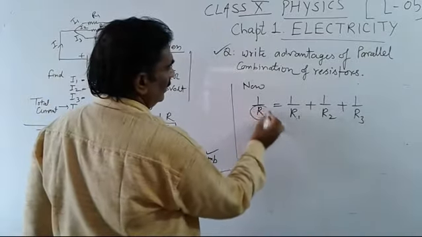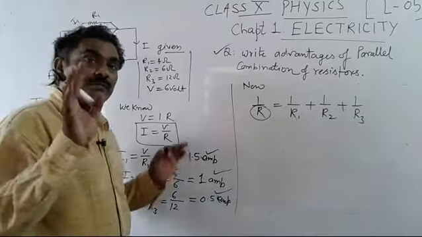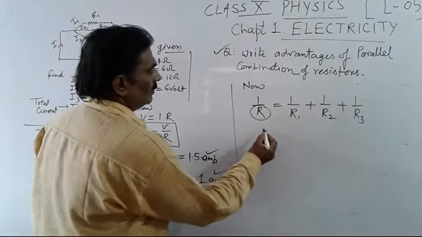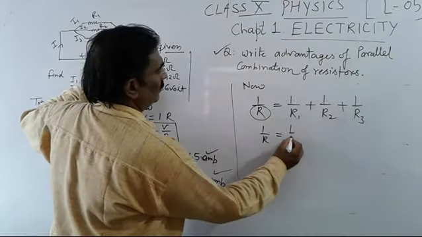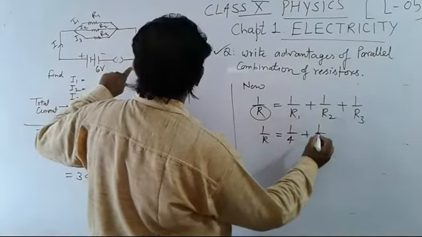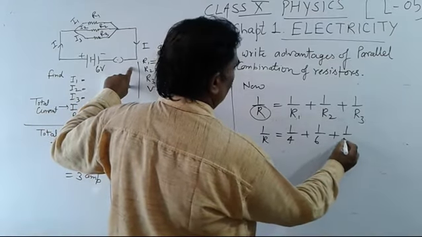Here this R is the equivalent resistance or total resistance in case of parallel combination. So here 1 upon R is equal to 1 upon R1, as you know 4 ohm, plus R2 which is 6 ohm, and plus R3 which is 12 ohm.